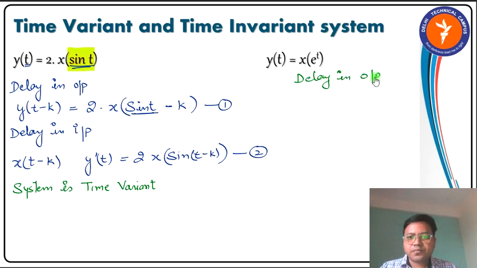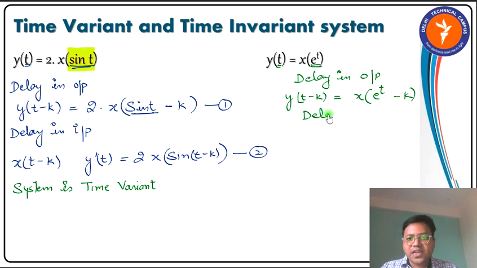So delay in output will be y of t minus k, and wherever I am getting the time instant, I'll bring the delay. Here the time is t and over here the time is e^t. So it will be equal to x of e raised to power t minus k. So I'll delay this time with this.